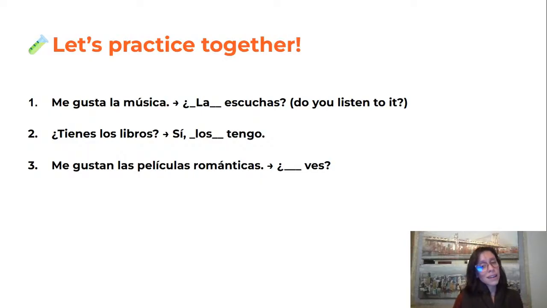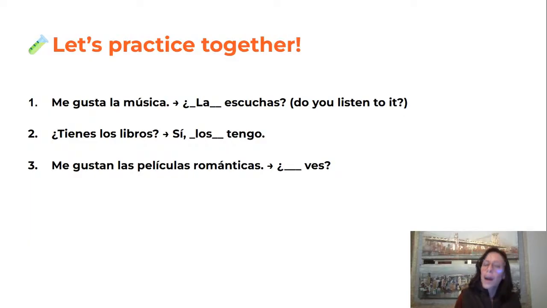But the answer won't be the same. So the question works for the verb gustar. ¿Te gustan los libros? But the answer won't work like sí me gustan without using los. So that will be simply me gustan, adapting the verb.